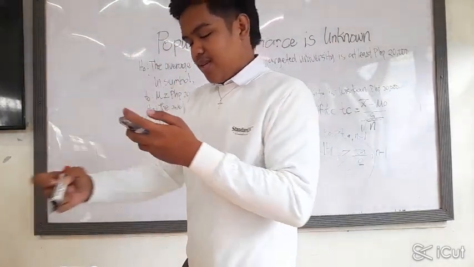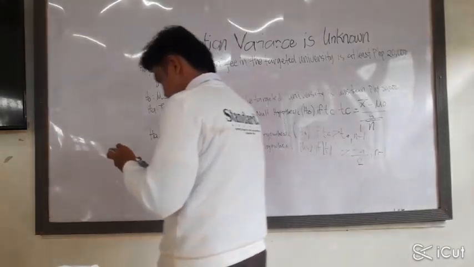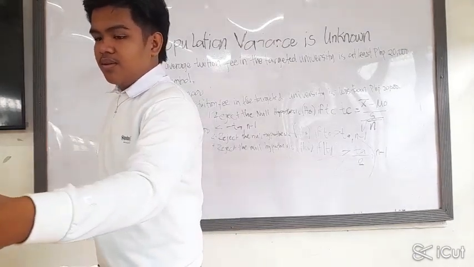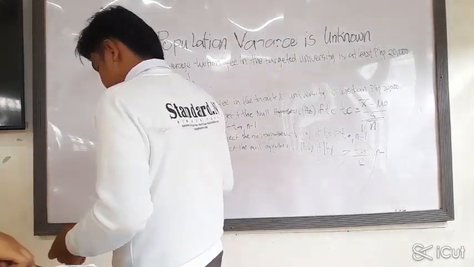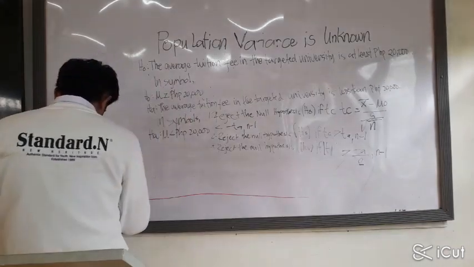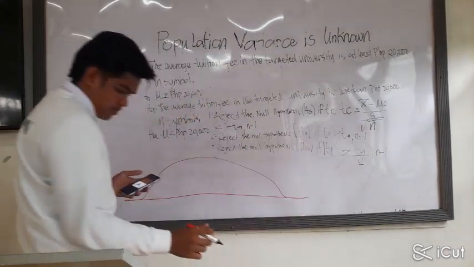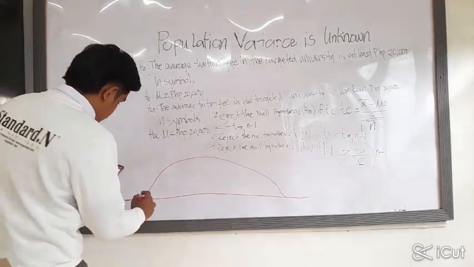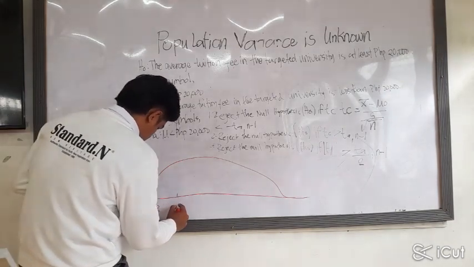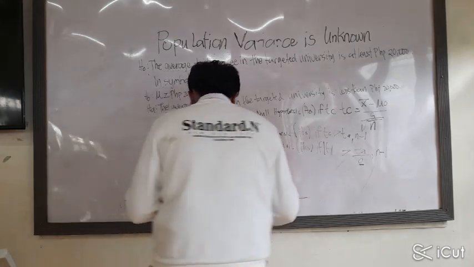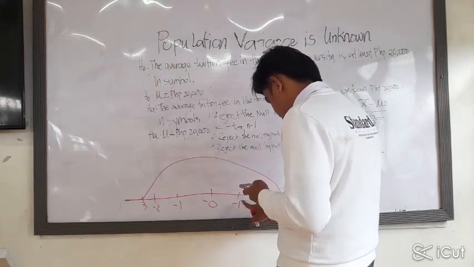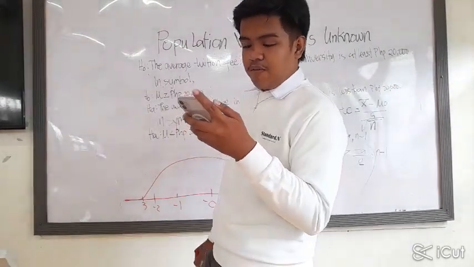Guys, I drew an example like this. This is an example of a rejection region.